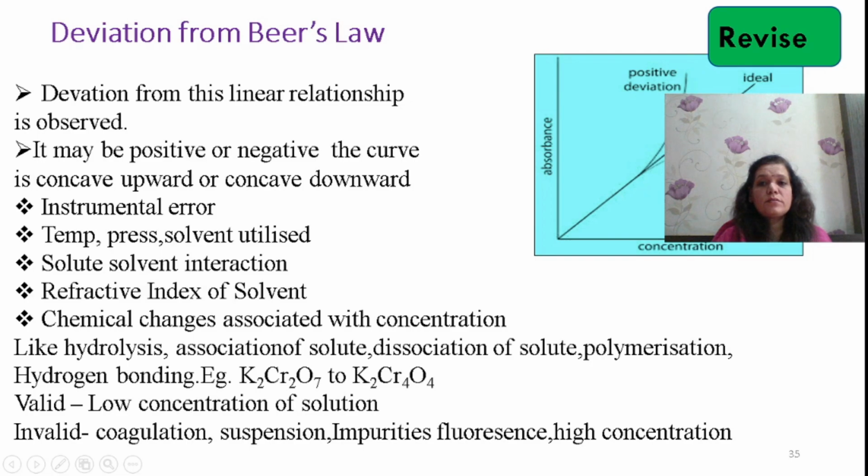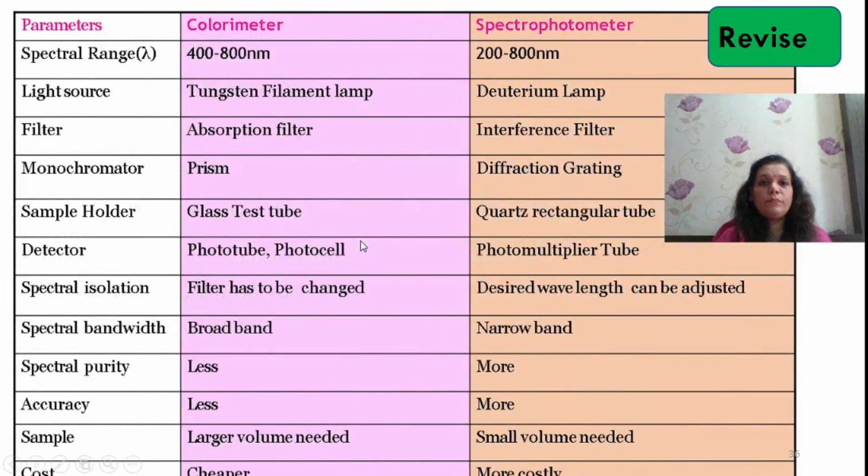If I use high concentration solution, it may show me positive or negative deviation. So the reason behind this should be known to you. And yes, difference between colorimeter and spectrophotometer.